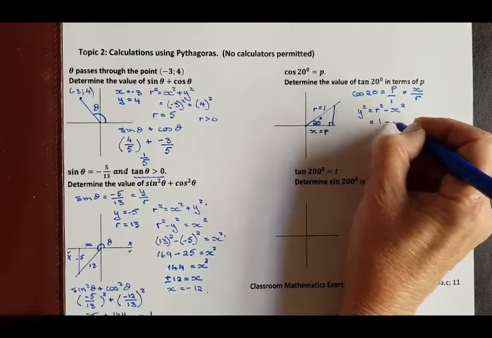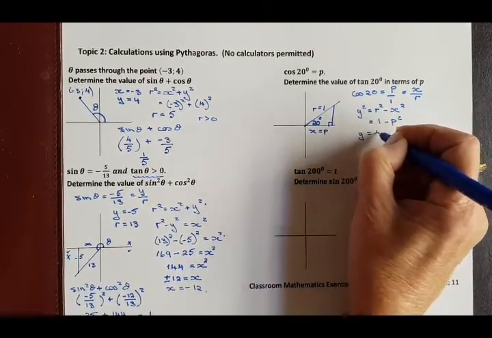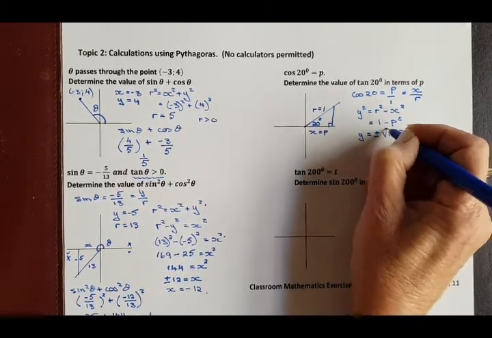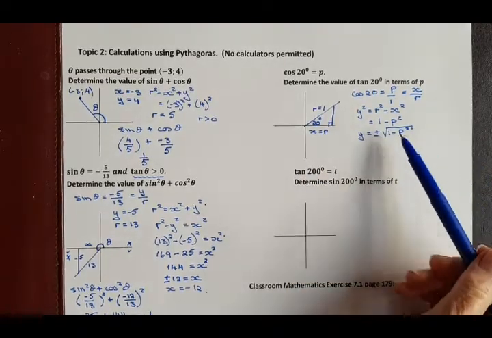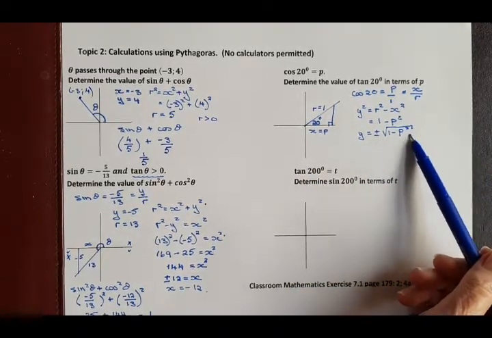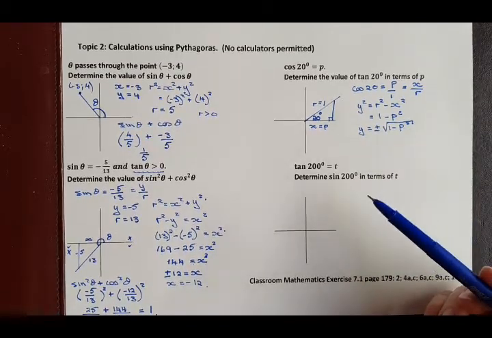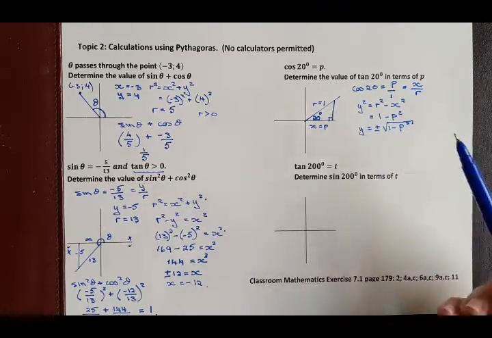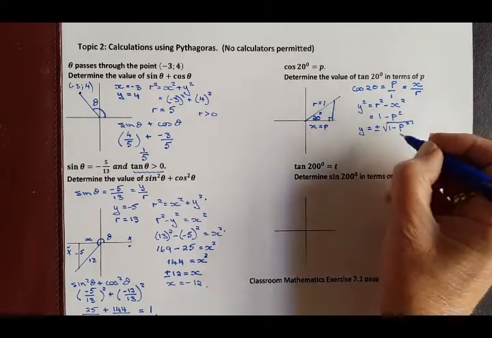So y squared is just going to be equal to r squared minus x squared. 1 squared minus p squared, and when I take my square root, again, when you're working out x or y, you are going to go plus or minus the square root. Please notice you cannot say the square root of 1 and the square root of p squared. Okay, you have to leave it as the square root of 1 minus p squared, and clearly in this particular case our diagram is in the first quadrant, so our y value is going to be positive.